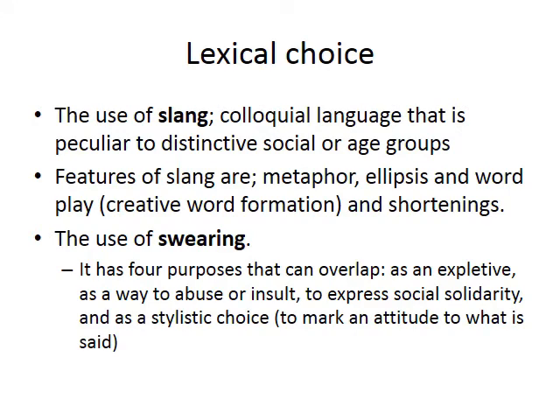Probably the most common feature of an informal text is the use of some interesting lexical choice. So things like slang, metaphor, again thinking back to creative word formation, and if the question's about lexical choice, swearing. We've spent a little bit of time on swearing in this class, and particularly with your essays, if you're going to talk about swearing, I'd love for you to go back to the journal article we shared late in term 3 about the tradies and find some quotable quotes from there about the purposes of swearing.